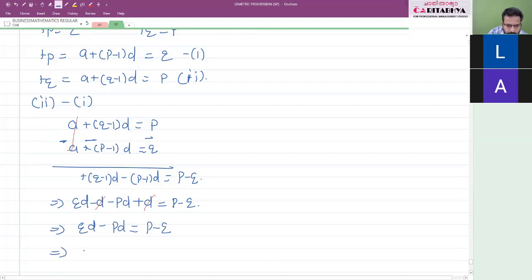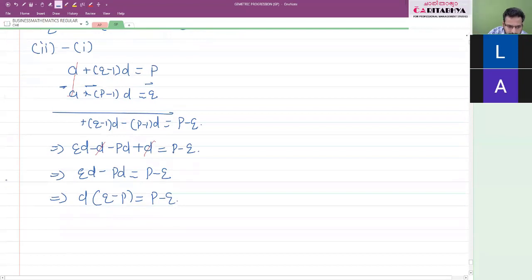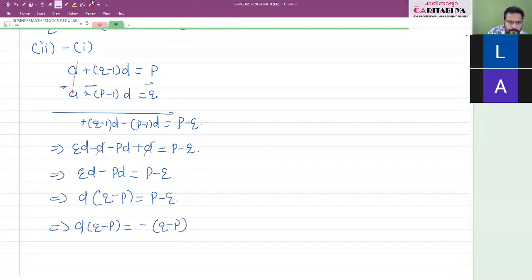So d common: d into q minus p is equal to p minus q. Okay. So this can be written as d into q minus p is equal to minus of q minus p. Okay. So രണ്ട് സൈഡിലും q minus p gets cancelled. That implies d equal to minus 1 എന്ന് കിട്ടും. D equal to minus 1.